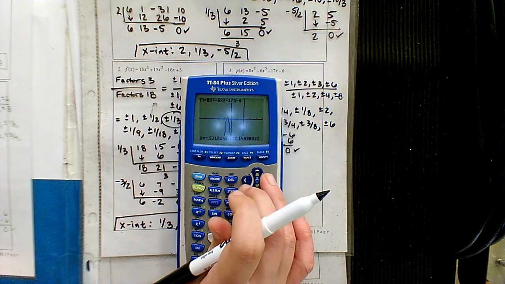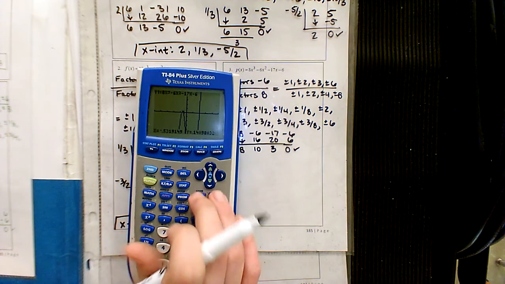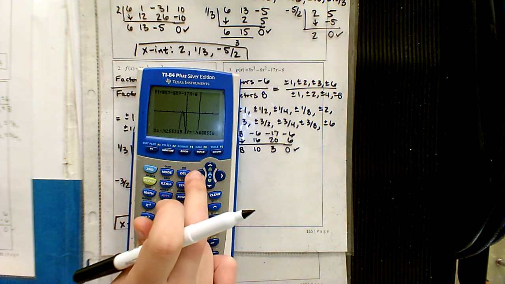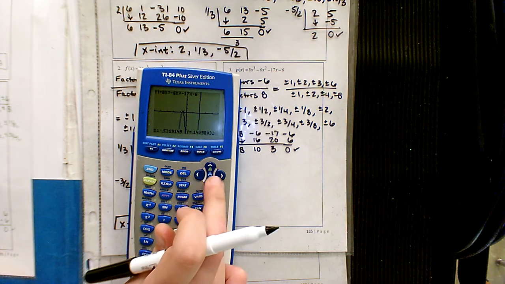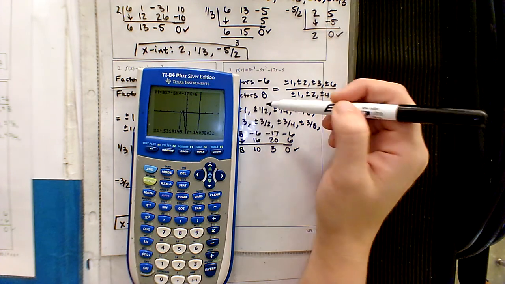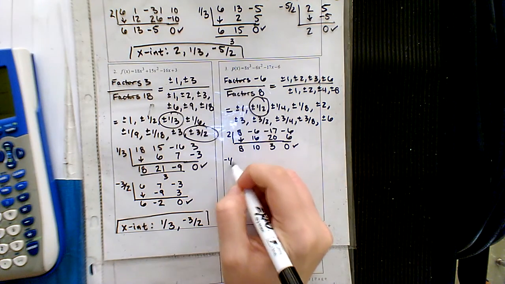What do we think? Is there something in our list that's really close to those 2? Negative 0.42, negative 0.53. We're thinking negative 0.5. Okay, let's try it.